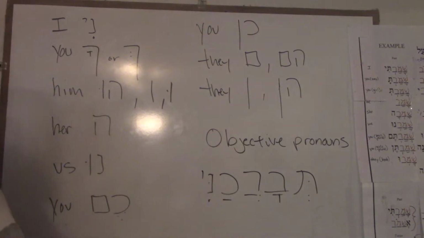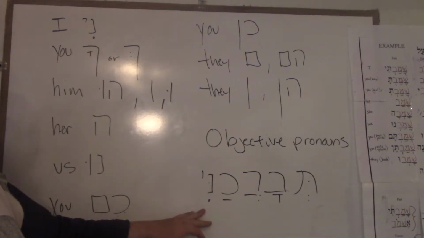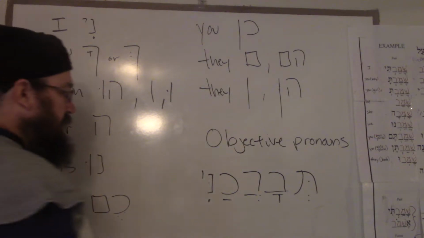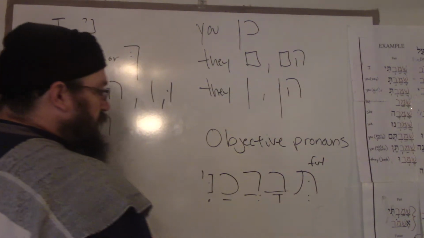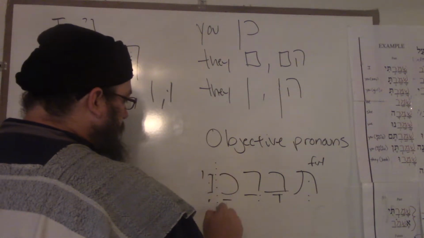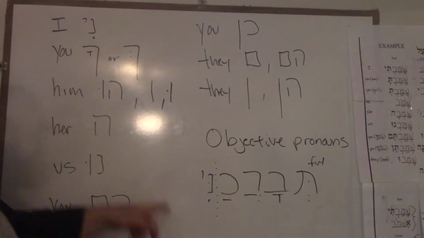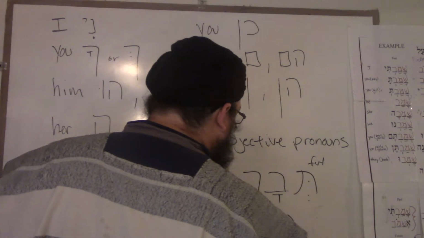Alright, so here's another one. Tivarachani, okay? Here, if we were to take this, we would say, we know this is future, right? We know that this is the root that should be here. Draw our line once again here. Now we have ni. Ni means I. So this should have been what?